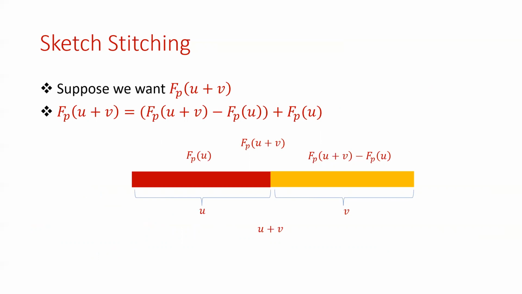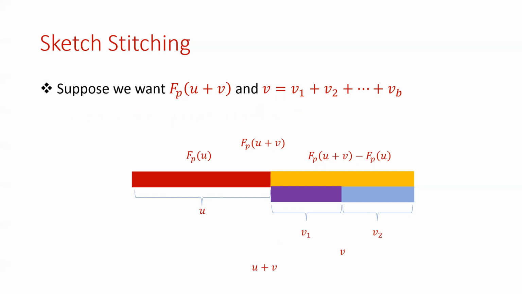So suppose we want the pth moment of u plus v. We can decompose this into the difference of the pth moments of u plus v and u, plus the pth moment of u. And now let's suppose we have a good approximation to the pth moment of u, and we just want a good approximation to the difference.